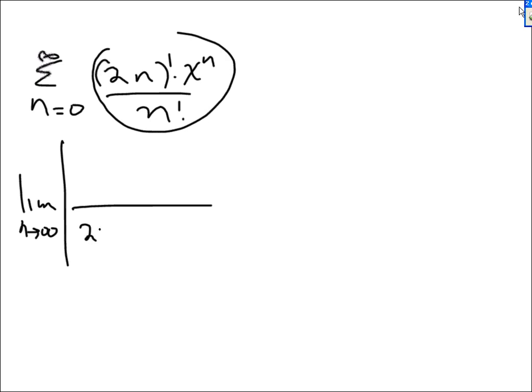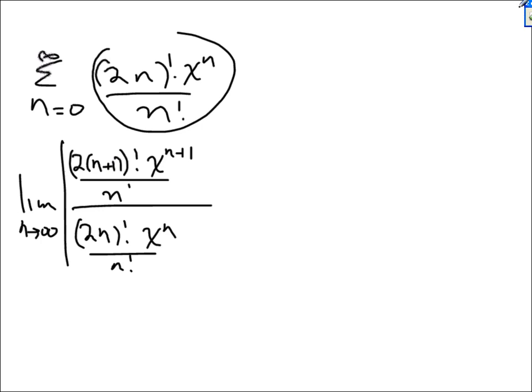That is, you put (2n)! x^n over n!. On top, instead of n, you put n plus 1. So it's 2 times n, now it's 2 times n plus 1, the whole thing factorial, x^(n+1) over (n+1)!.